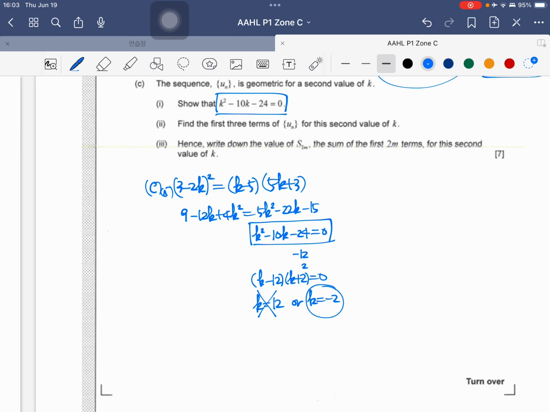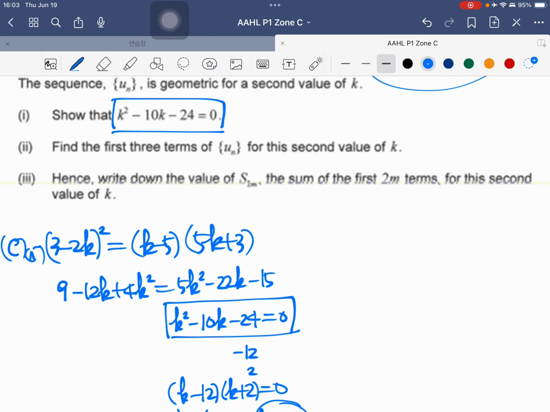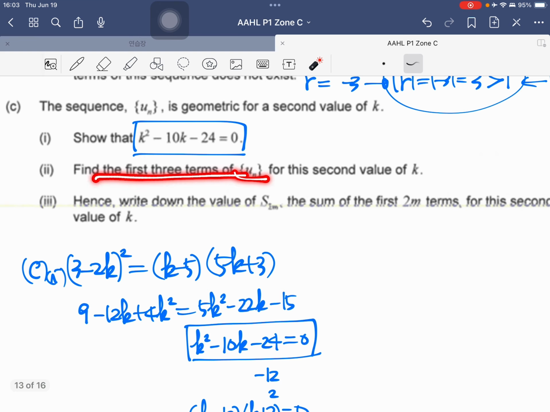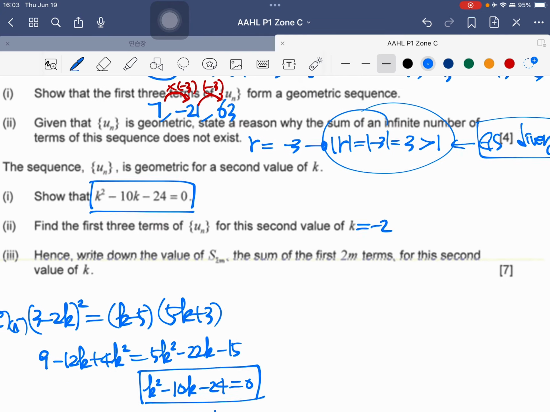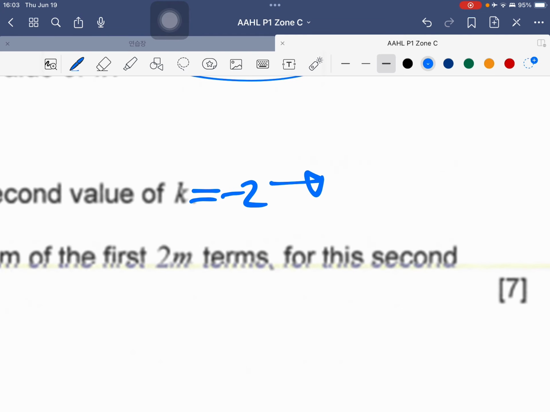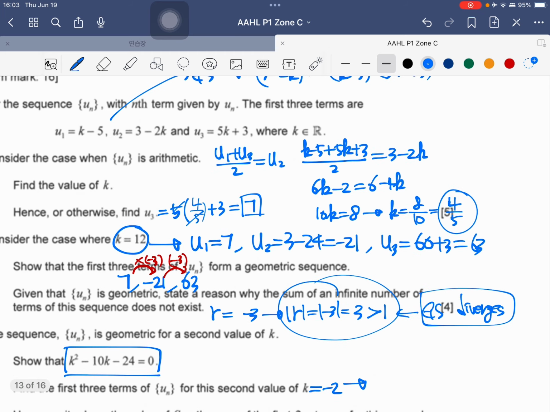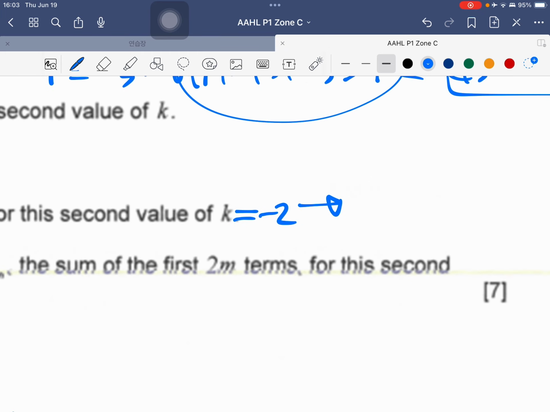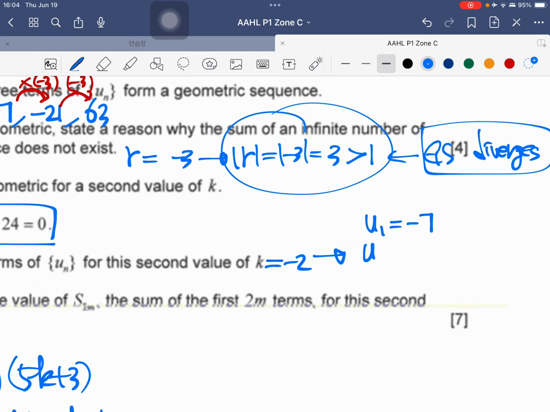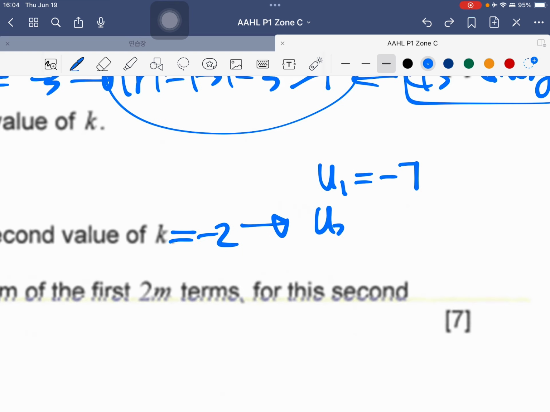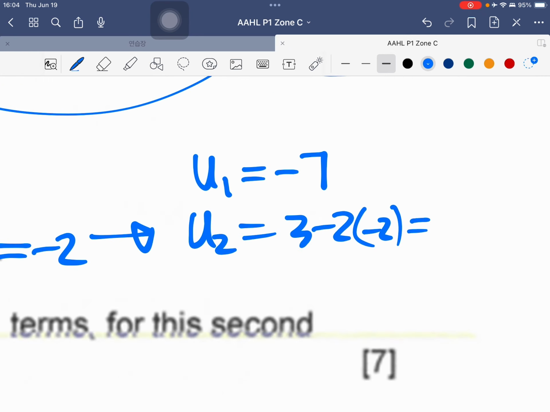Okay, number 2. Find the first three terms of un for this second value of k, which is k equals negative 2. So k minus 5, negative 2 minus 5, is u1. u1 is negative 7. u2 is 3 minus 2k, which is 3 minus 2 times negative 2, equals 3 plus 4, which is 7.